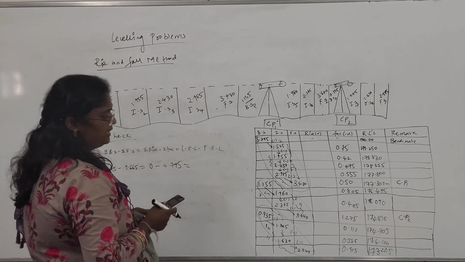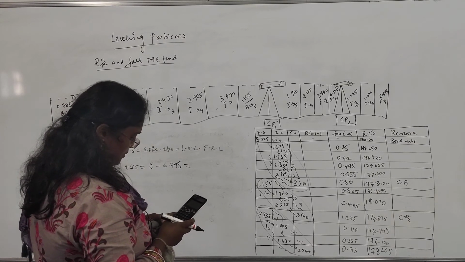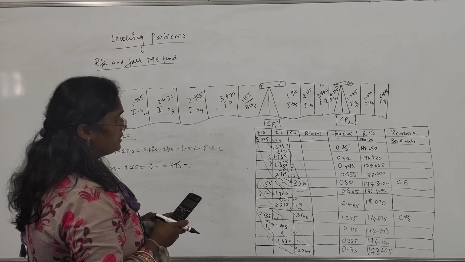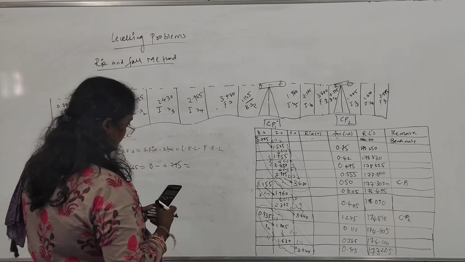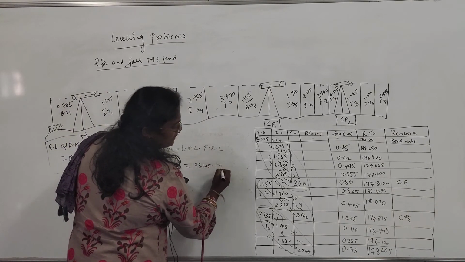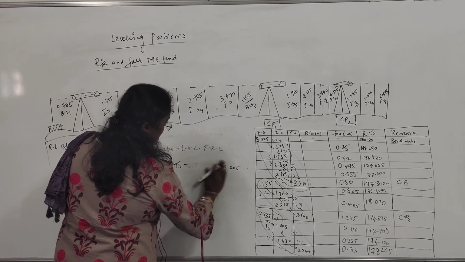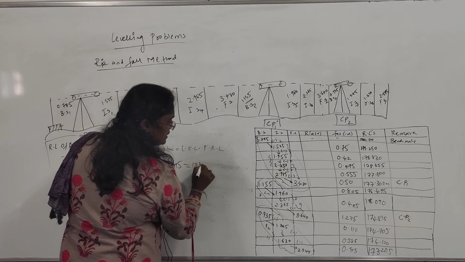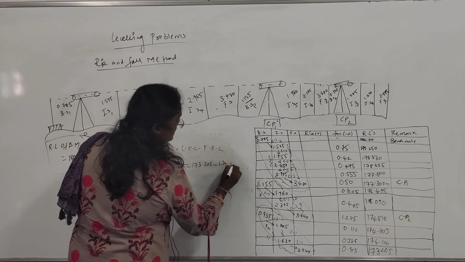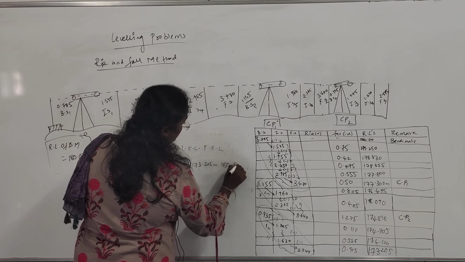What is the last RL? 173.205 minus the first RL, how much? 180.00.